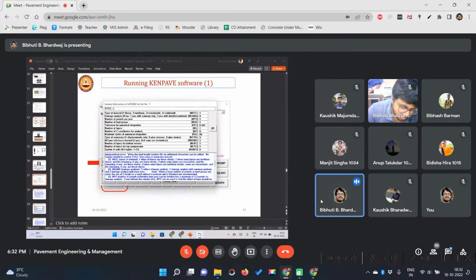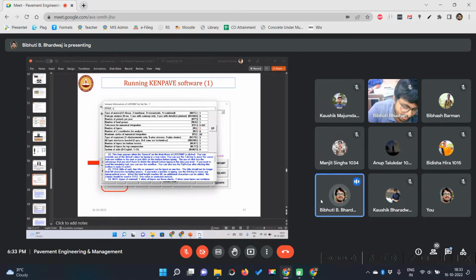First is asking type of material. You should always type 1 because we are considering the materials to be linear. Some assumptions are there that the material should be linear, it should be homogeneous. So our first assumption is the material type is linear.